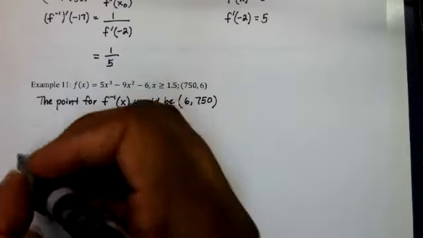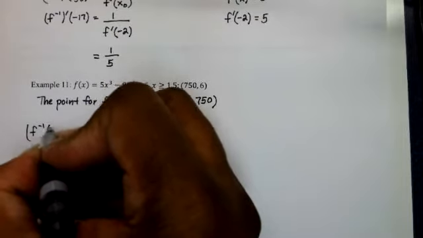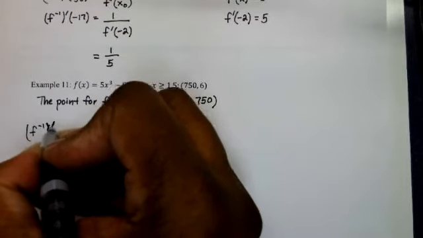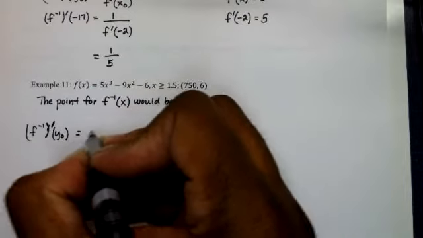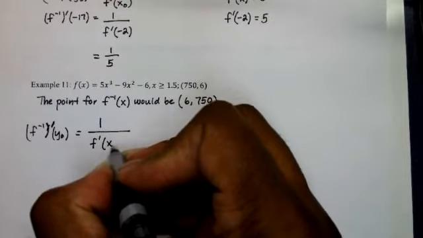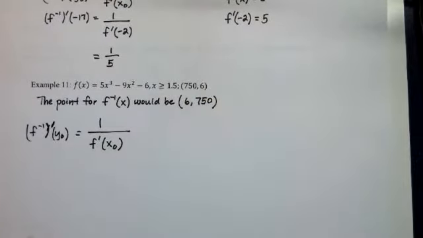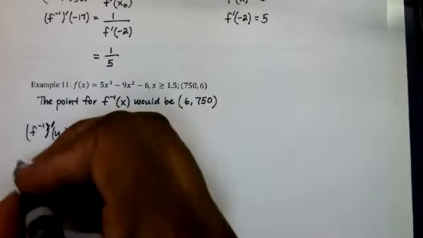Now, using the fact that f inverse prime of y sub 0 is going to be equal to 1 over f prime of x sub 0, here we're going to substitute the y sub 0 with the 750.